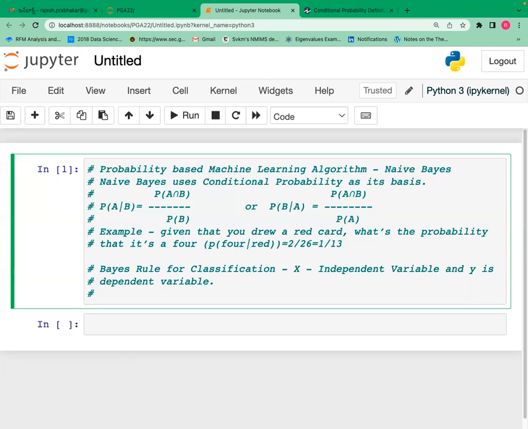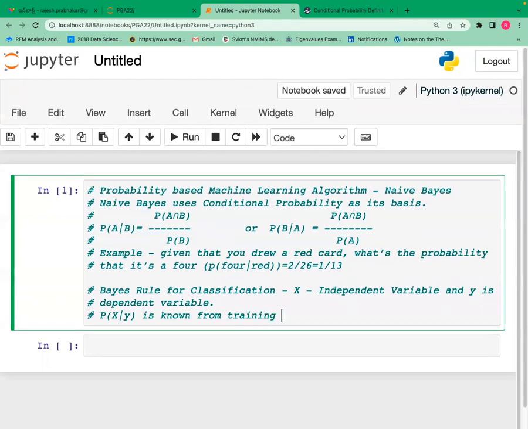Now the probability of X given Y is known from training data.